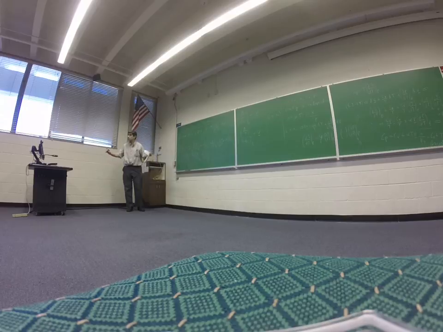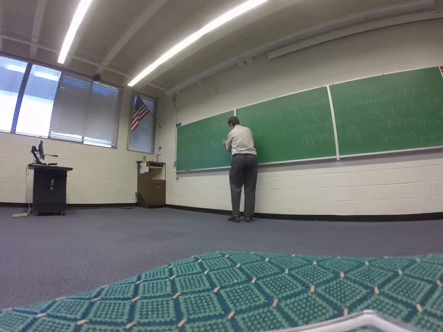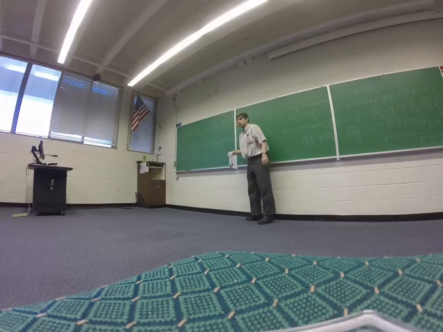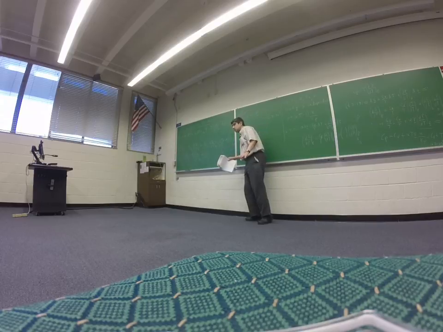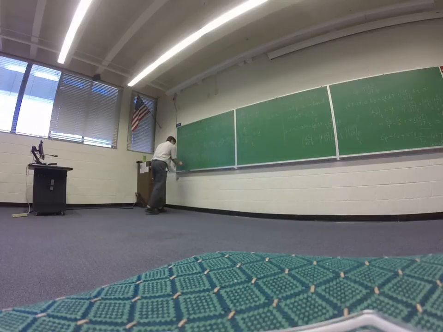Did I lose anyone? Follow this product rule. I have the derivative of this product. So what I did is first minus T times the derivative of this, and then plus the derivative of minus T times this. Okay? All right, this cancels.